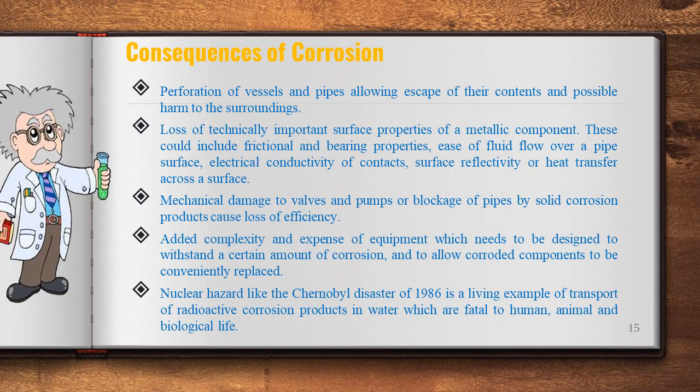Added complexity and expense of equipment which needs to be designed to withstand a certain amount of corrosion and to allow corroded component to be conveniently replaced. Nuclear hazard like the Chernobyl disaster of 1986 is a living example of transport of radioactive corrosion products in water which are fatal to human, animal and biological life.